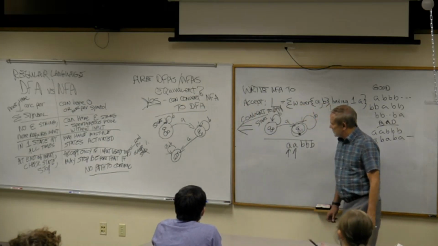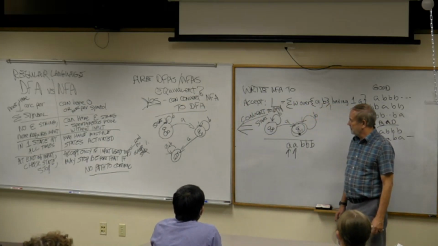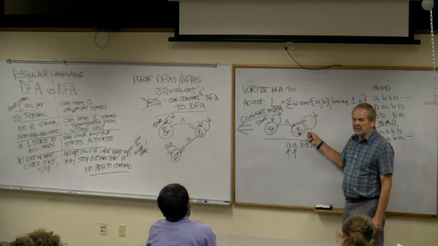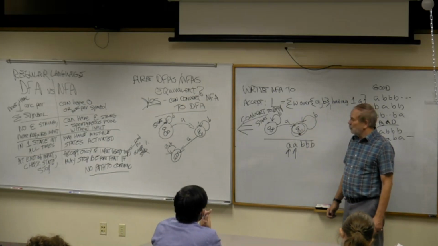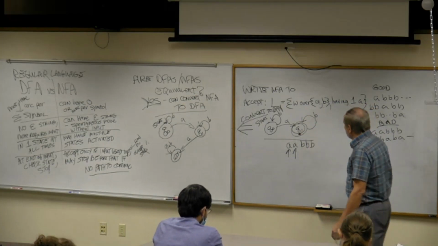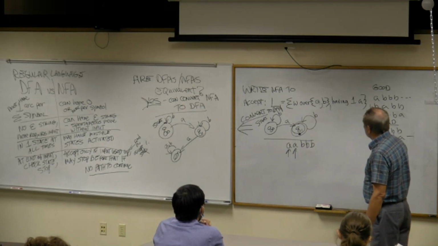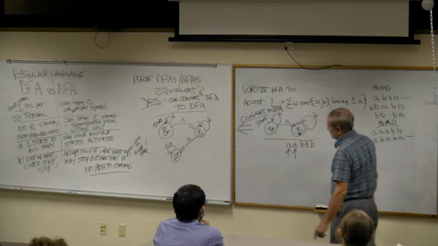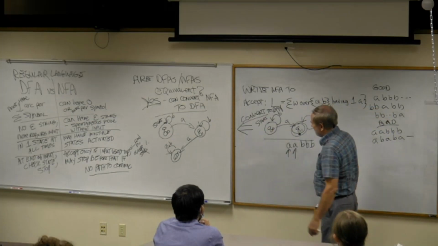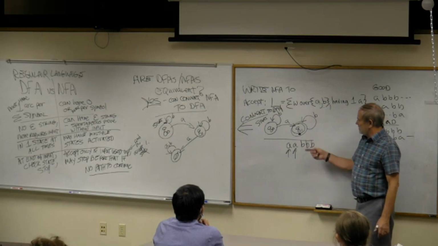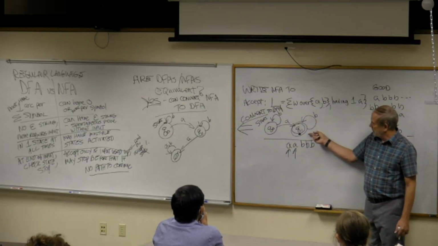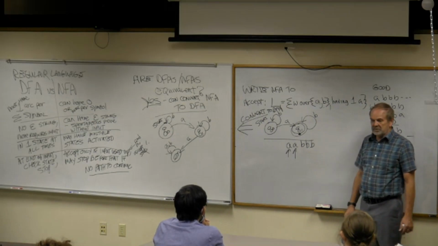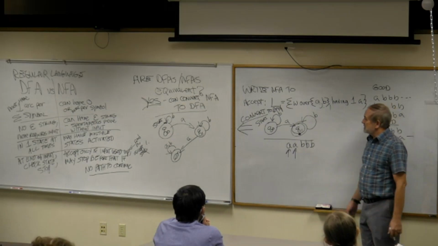We would run into that if we had multiple transitions. This was the simplest case, with no multiple transitions and no epsilon moves. So the next step would be, let's do one with multiple moves and see where that takes us.